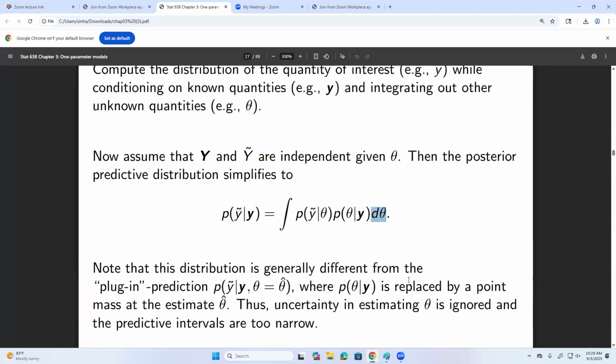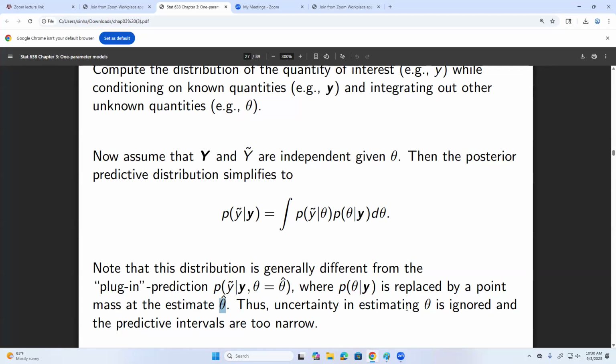Note that this distribution is generally different from the plug-in prediction. Plug-in prediction is you have the distribution of y tilde, future observation, given theta is equal to theta hat. It could be the posterior mean or something, where P theta given y is replaced by a point mass at the estimate theta hat.